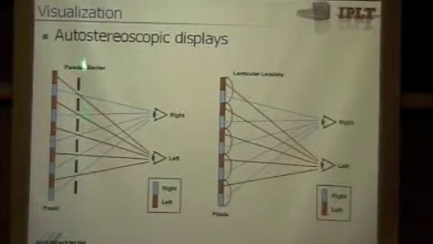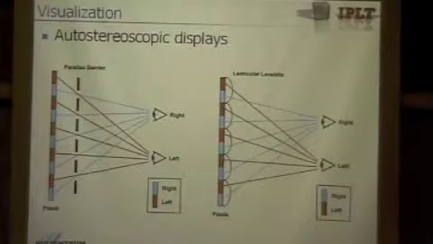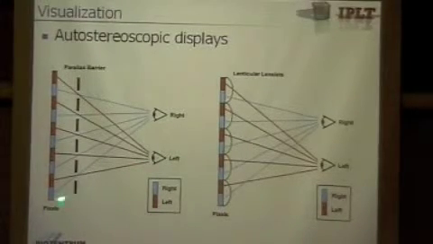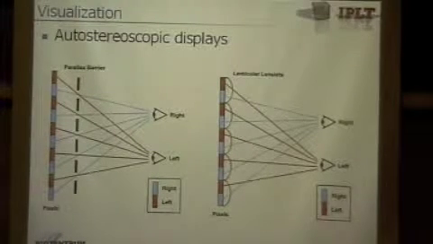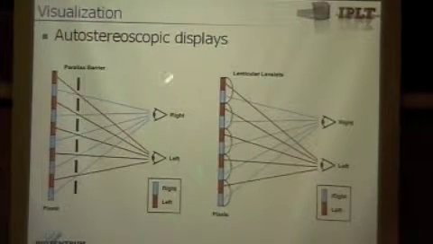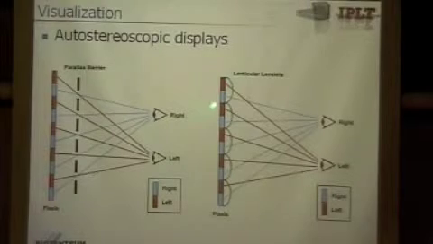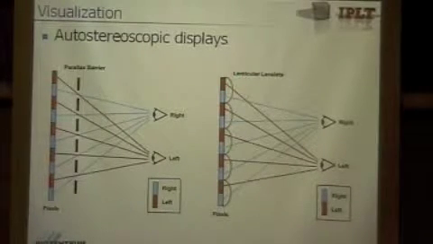Then in front of that, they have some kind of barrier so that the left eye just sees these and doesn't see those, and vice versa. You can do the same also with a TFT display which has small lenticular lenses in front of every pixel pair.